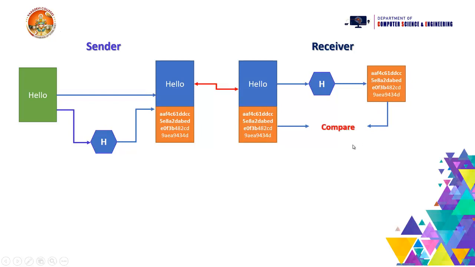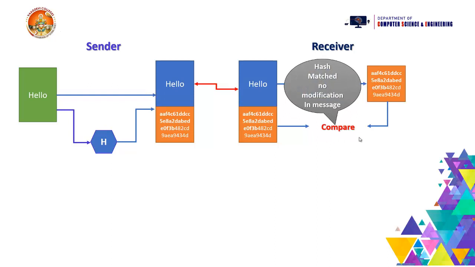If the two hash values are the same, the message is not modified. If the generated and received hash values are different, some changes have been applied on the message. Here there is no change in the message, that's why the hash values are the same. The receiver will identify that no changes were applied on the message.